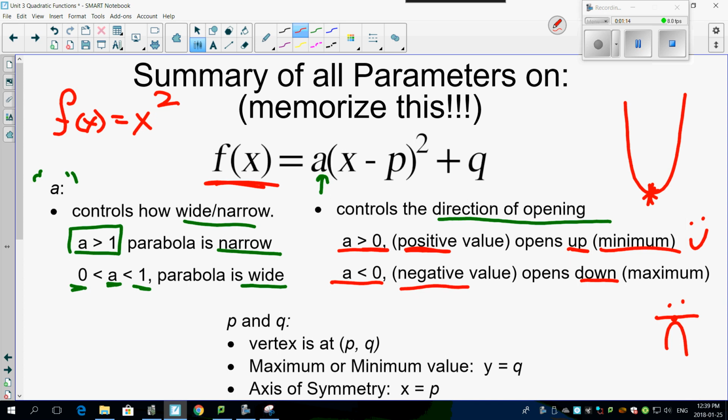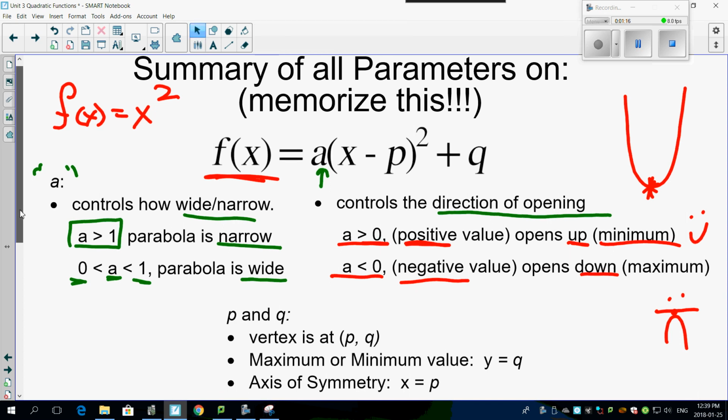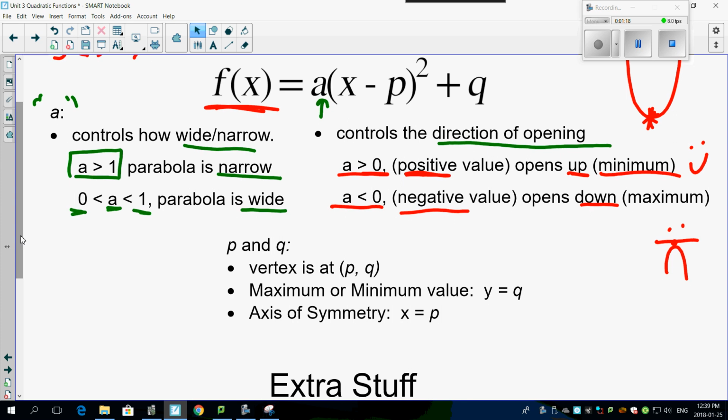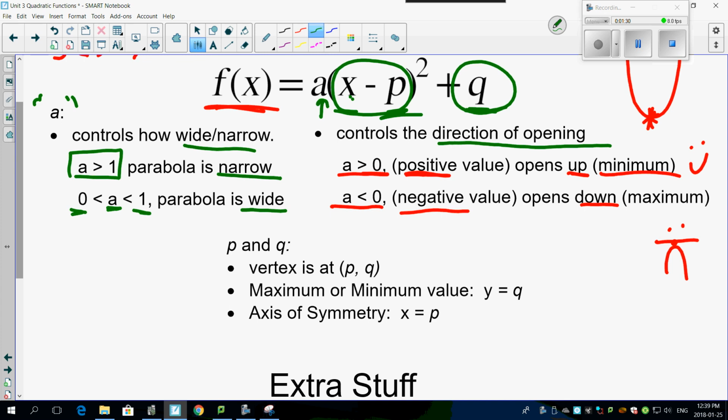Now, do you remember what else we did here? Yes, we played with these values called p and q. Now, p was inside with the x, so that ends up being our movement left and right. This q ends up being our movement up and down. But look what happens when I move something to the left or to the right, I should say, and up, and I put it here, what does that value become?